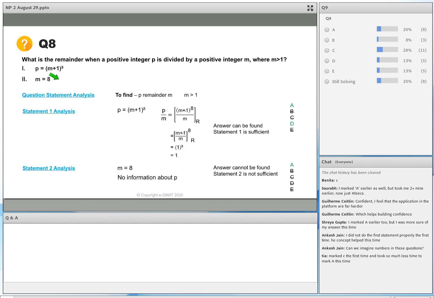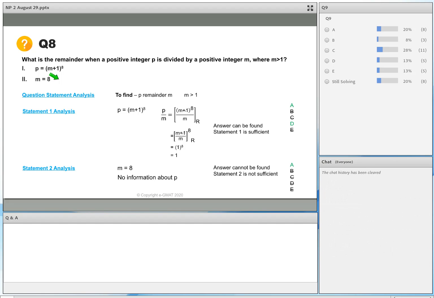Look at the poll. I'm sharing the results on the screen. I'm showing you how you people voted for question 9 the first time. I told you then, I don't know if you remember, it was a super confused vote. A, B, C, D, E, everything has votes. So it has a lot of scope for improvement. Of course, you don't know what the correct answer is. This time now, I'll remember this for you. You mark still solving.